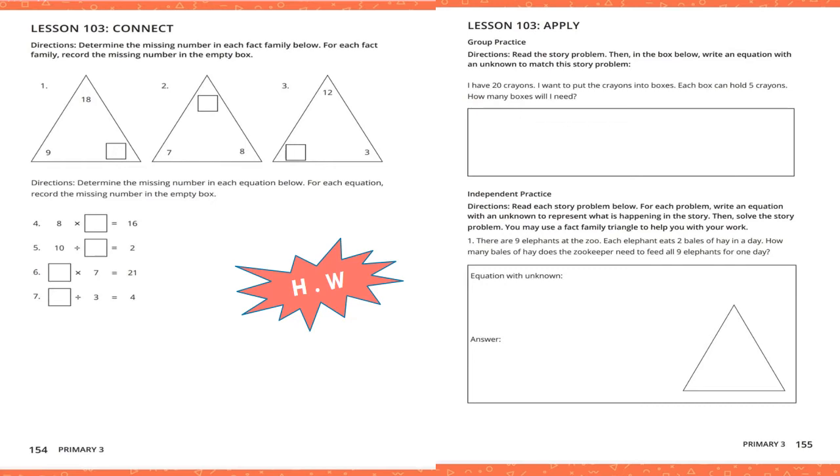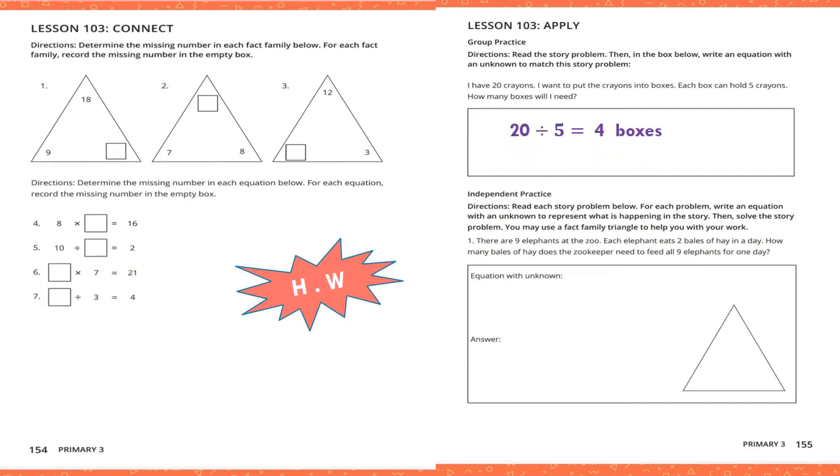Each box can hold 5 crayons. How many boxes will I need? So, to know the number of boxes, I have to distribute the 20 crayons into groups of 5. Distribute means divide. So, 20 divided by 5 equals 4 boxes.